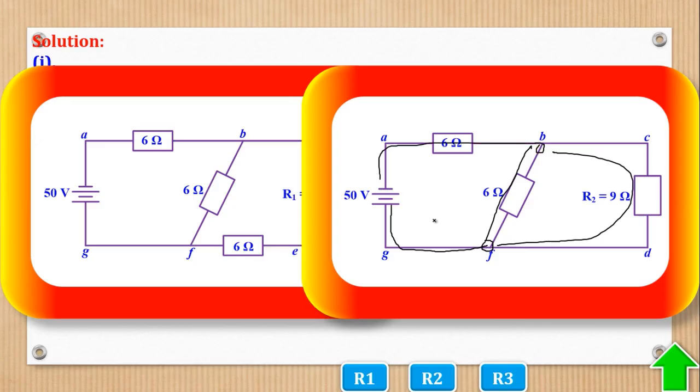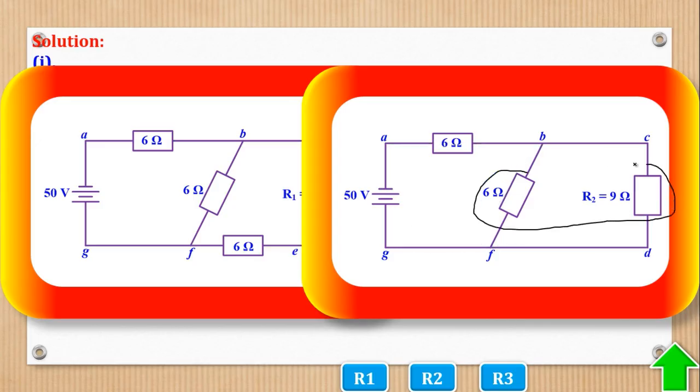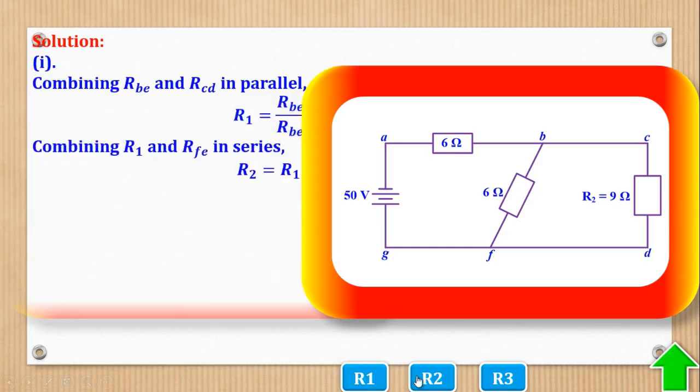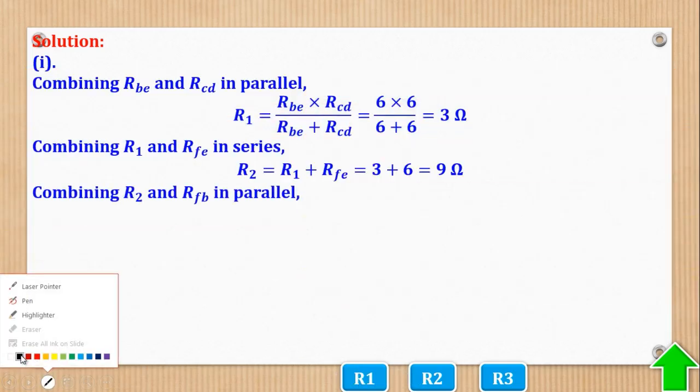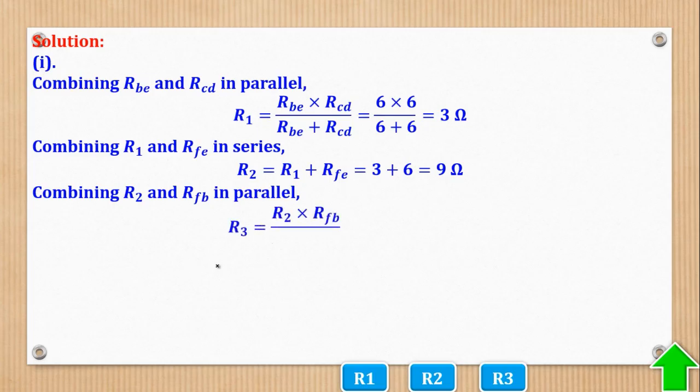So that means that the next step is to combine these two resistors which are in parallel. So I come and combine those two resistors in parallel, which is product over sum, to give you 3.6 ohms.